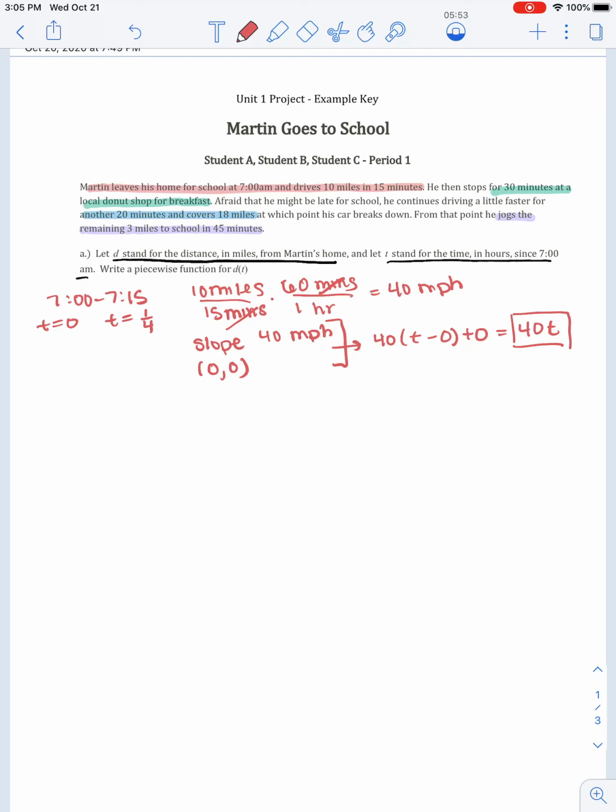Okay, so he's traveling at this rate for 0 less than or equal to t less than or equal to 1/4. So we have a domain that corresponds with this first piece. This tells us that for the first 15 minutes of his commute, he's traveling at a rate of 40 miles per hour from a starting point (0, 0).